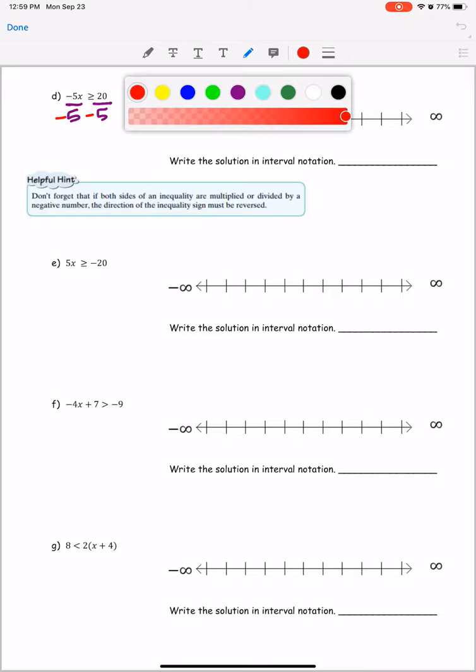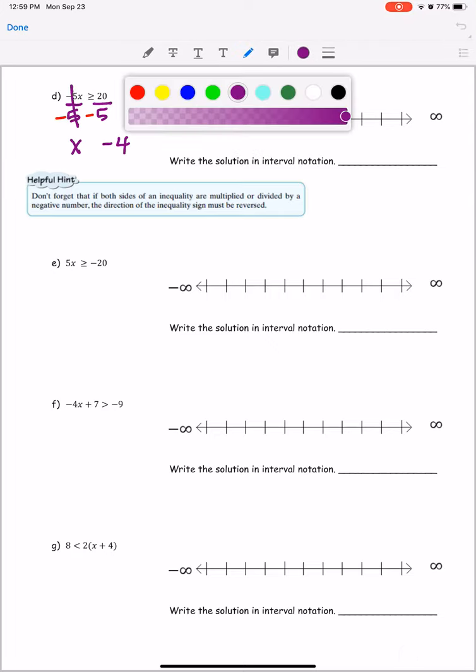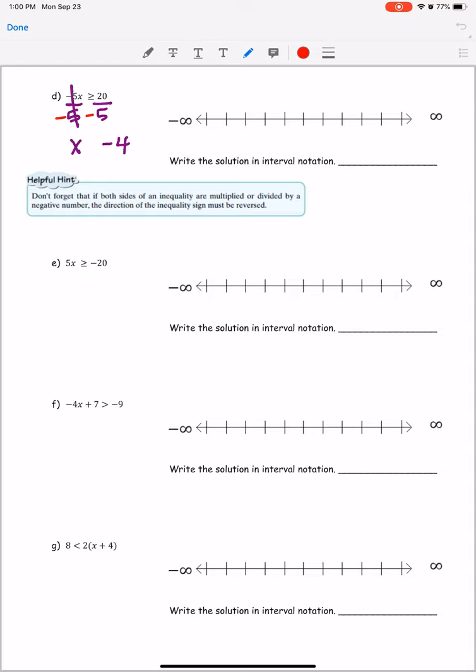So now, my negative 5 and negative 5 cancel. I'm left with x. 20 divided by negative 5 is negative 4. But because I divided by a negative number, instead of this being greater than or equal to, it is now less than or equal to.